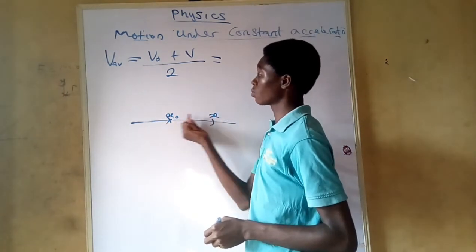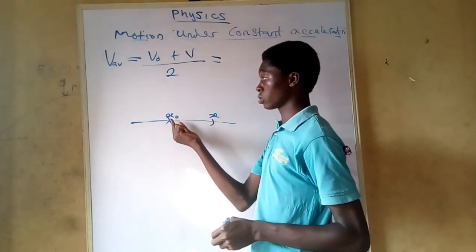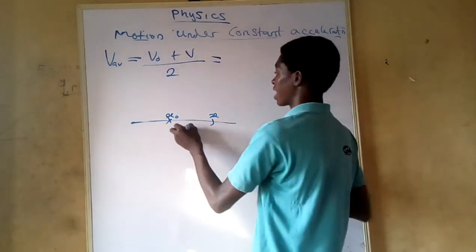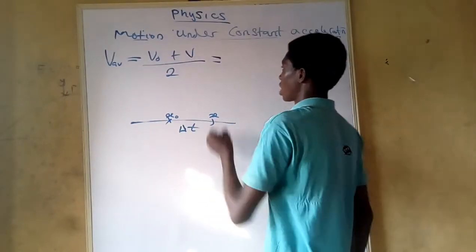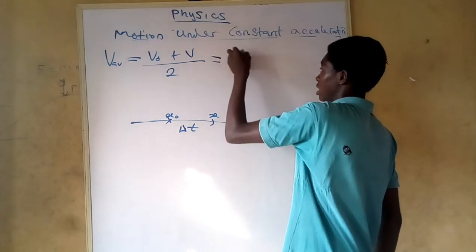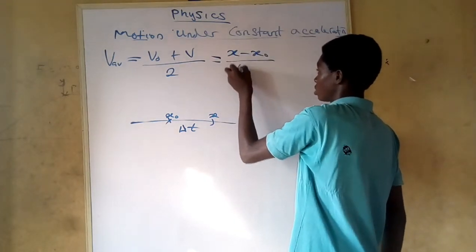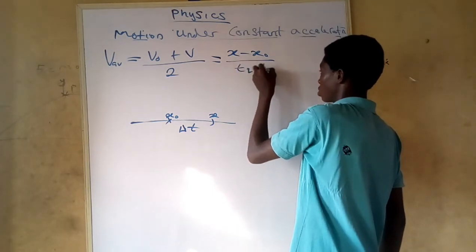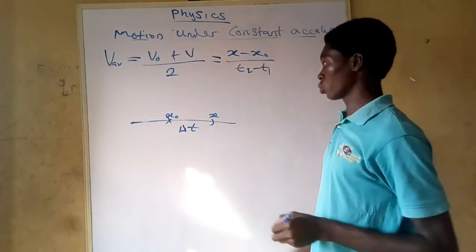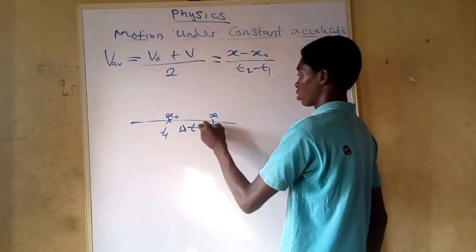The displacement will be x minus x naught, and then you take the time difference. So now it's going to be x minus x naught over t2 minus t1, right? So you have a time t1 here, and you have time t2 here.